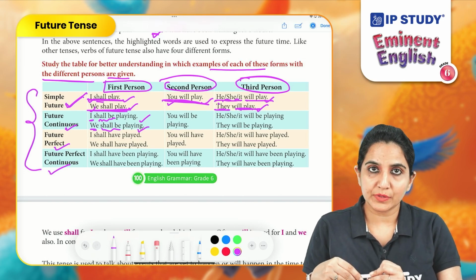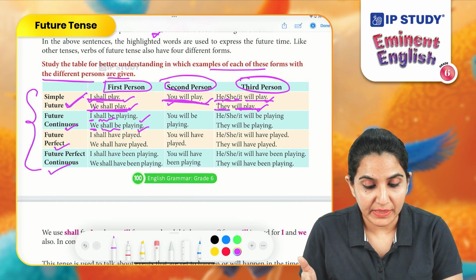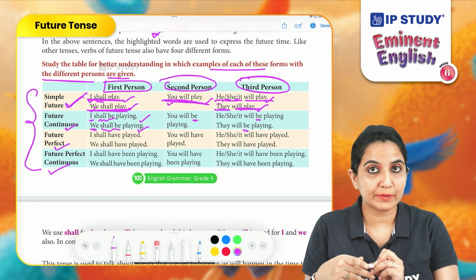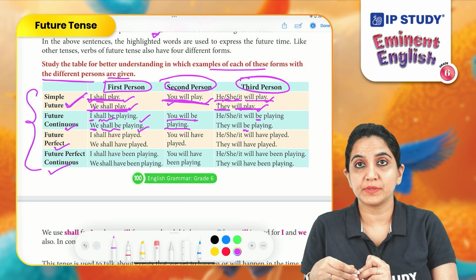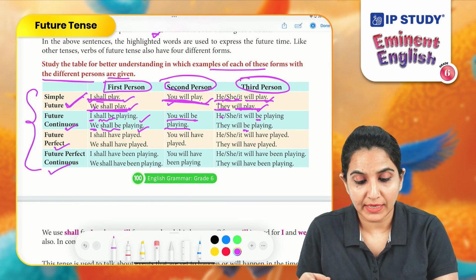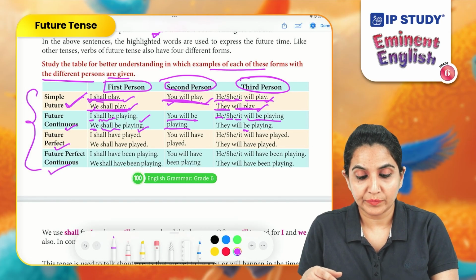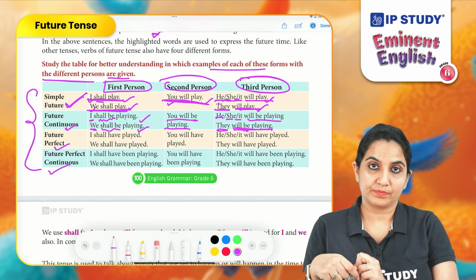With the second person and with the third person, we use will, along with be and the ing form of the verb. So with the second person, you will be playing. With the third person singular noun, he, she, it will be playing. With the third person they and plural nouns, they will be playing.